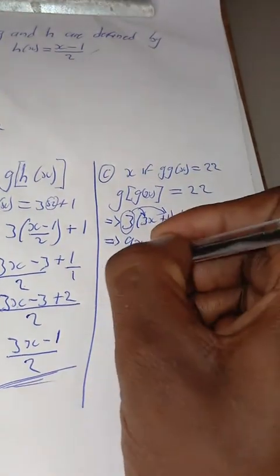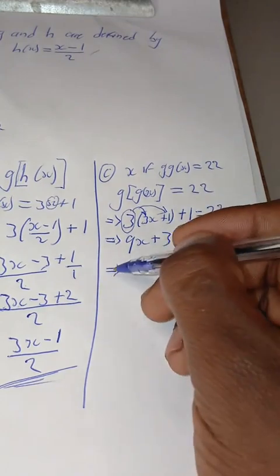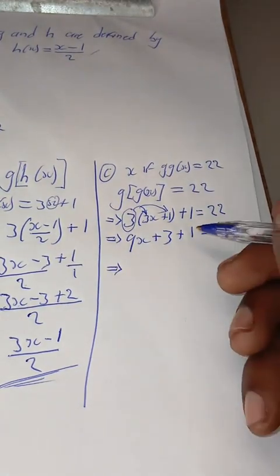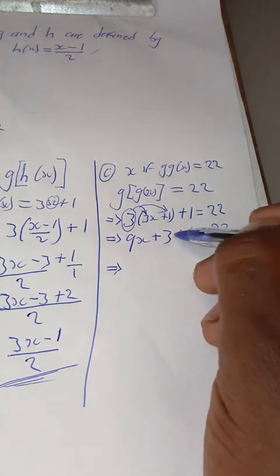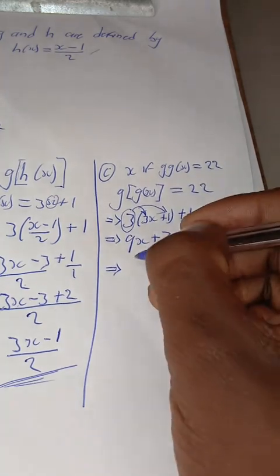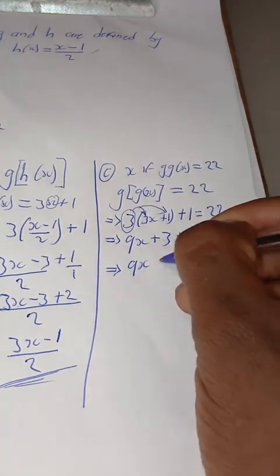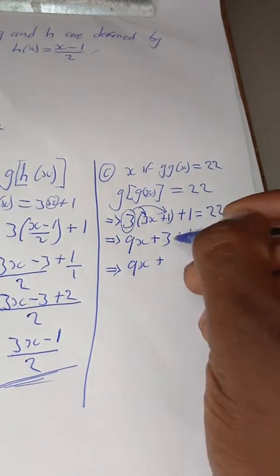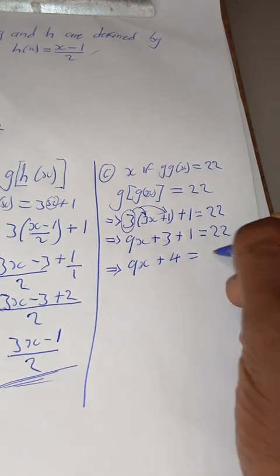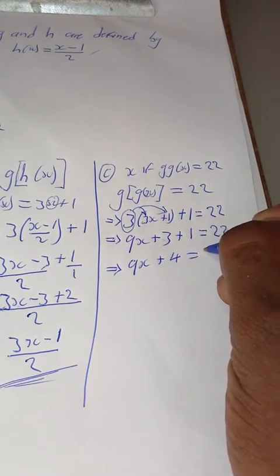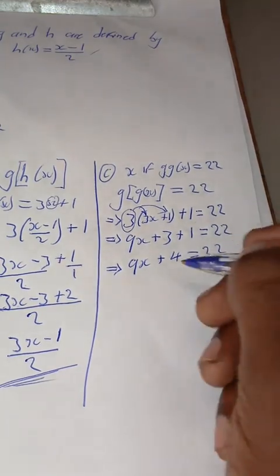Okay, this implies that, by the way, this symbol means implies. So we have these like terms here. So now we are saying 9x plus this guy and this guy will give us a sum of 4, which is equated to 22, right?